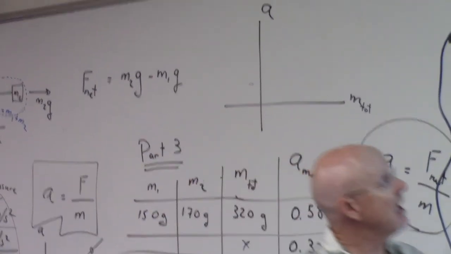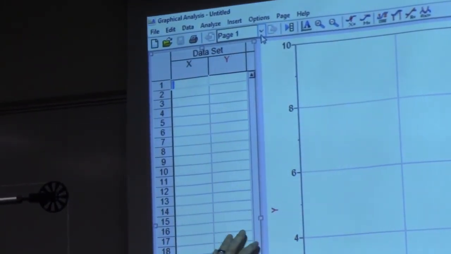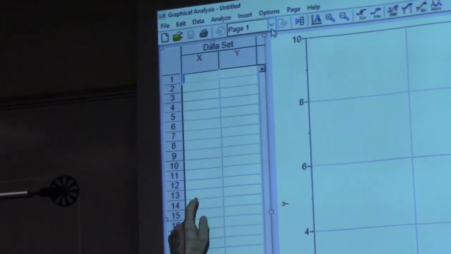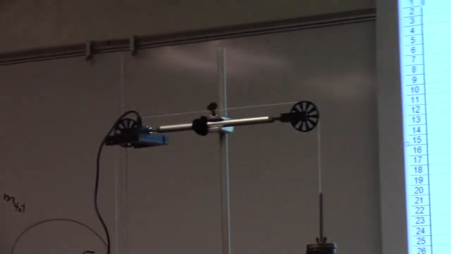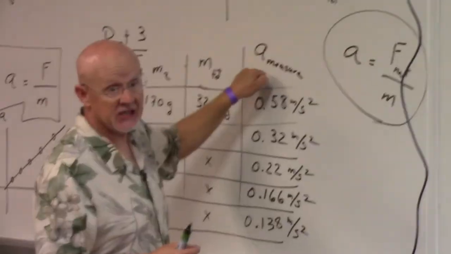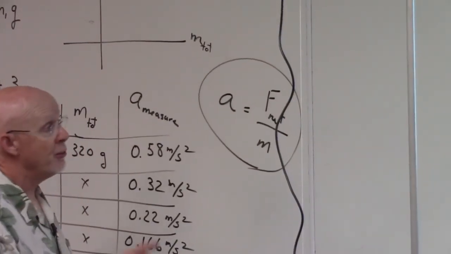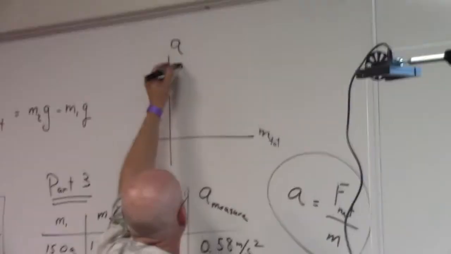And so I would say once you have typed in your data for part 2, just type over it for part 3. You'll have to change the X column to be mass. But the second column could still be titled acceleration. Now, this graph should look like this.